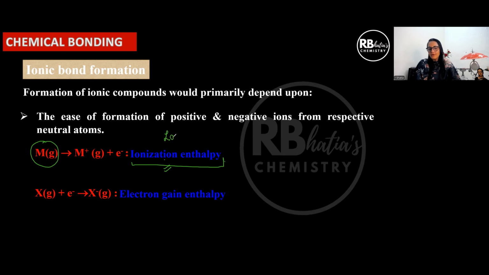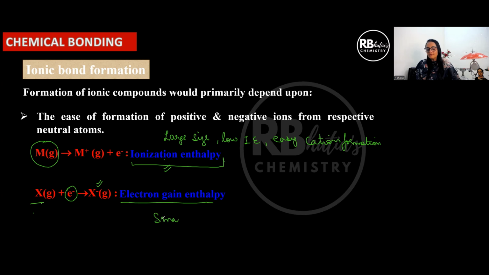We've also done that large size and low ionization energy make the process of cation formation easy, right? And similarly, the amount of energy that is mostly released when an electron gets added into the valence shell of an isolated gaseous atom is called electron gain enthalpy.